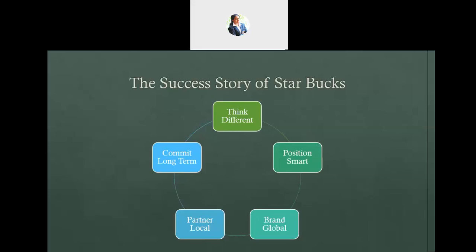The second one is position smart. They knew that the people of China were accustomed to tea. So they thought smartly and introduced coffee with a local flavor, a flavor called green tea.